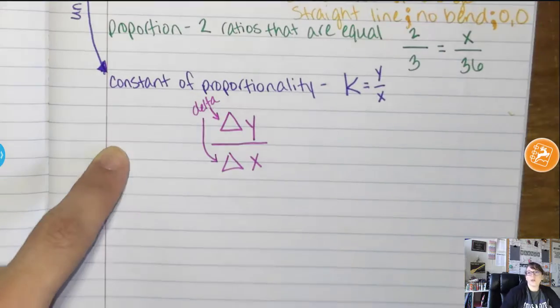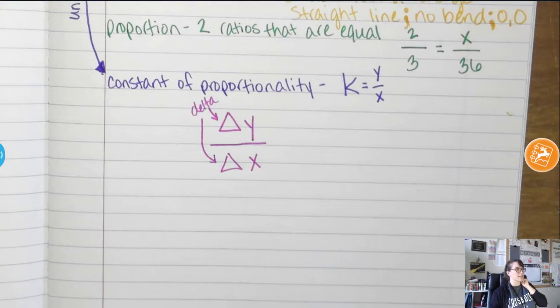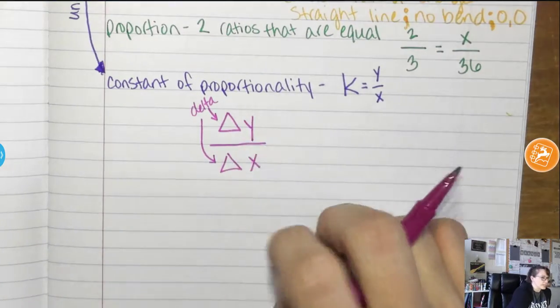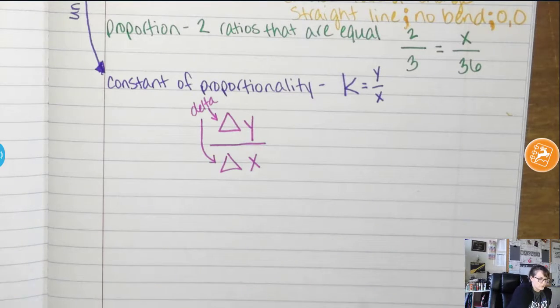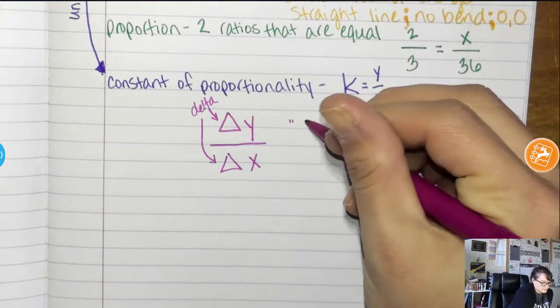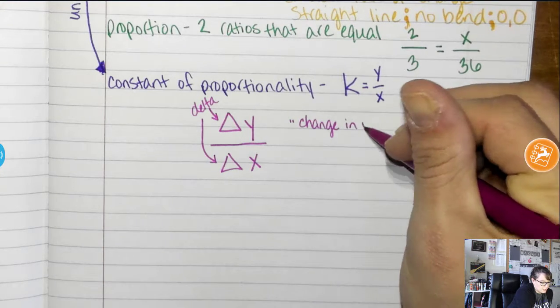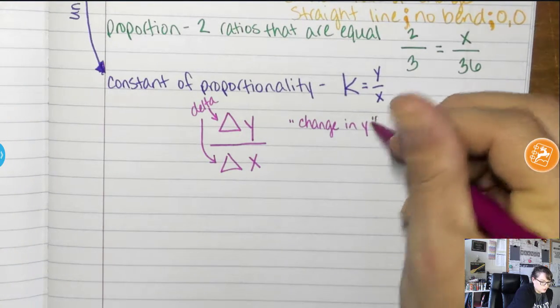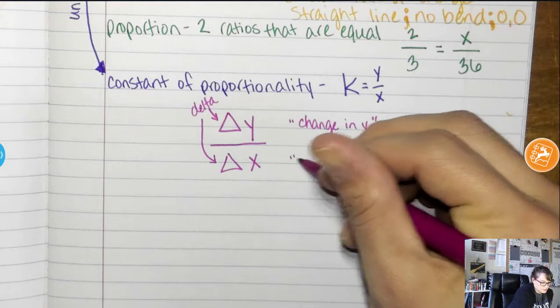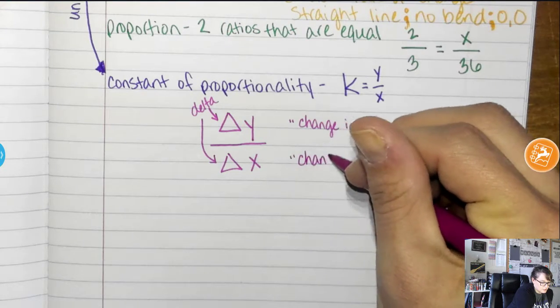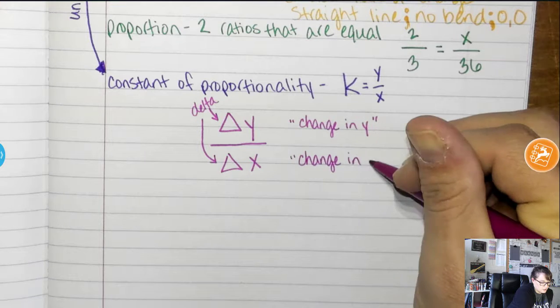No. Aren't they letters? They're Greek letters, yes. These mean change. So we would say this change in y over change in x.